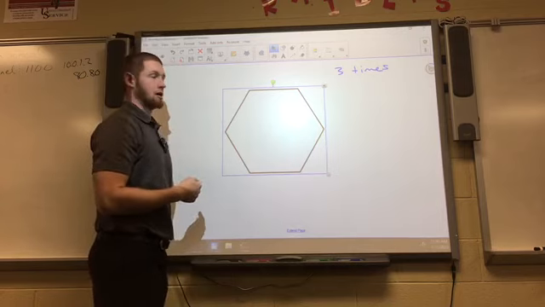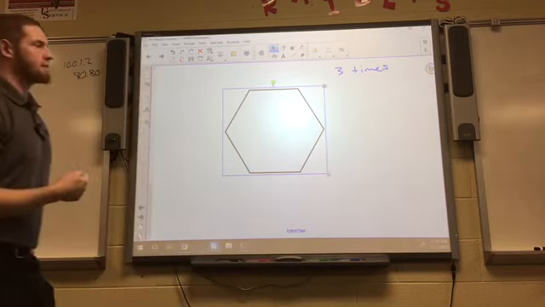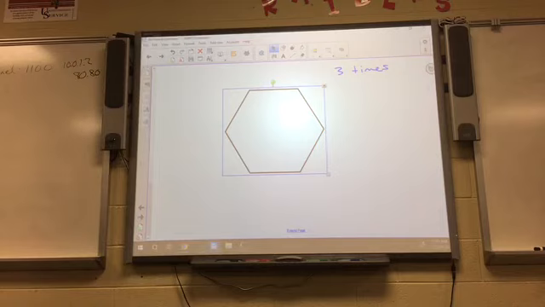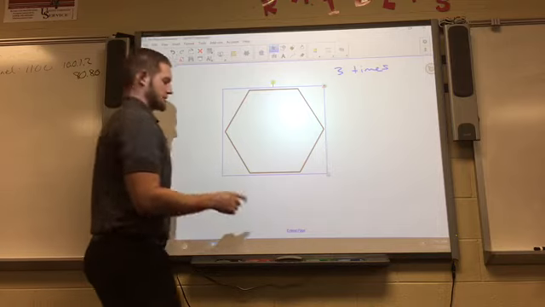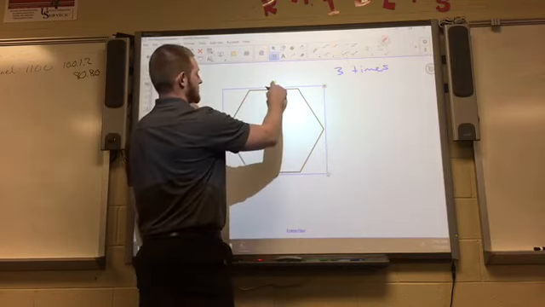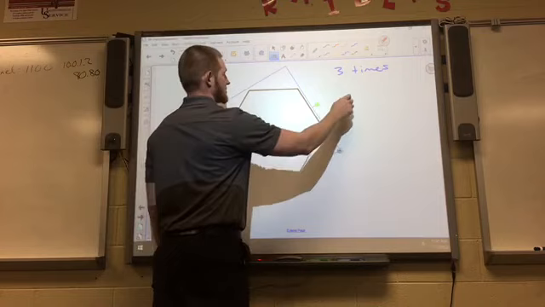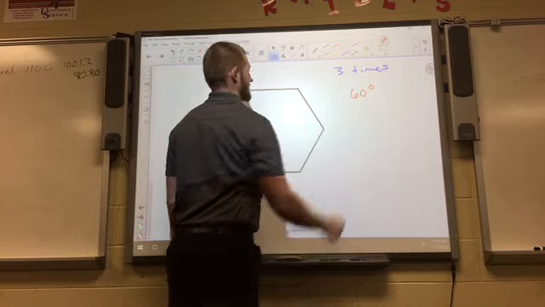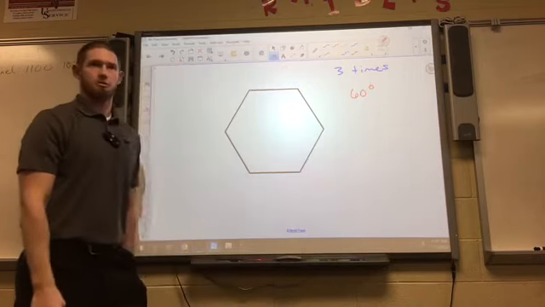So how do I figure out how many degrees one time is? 360 divided by 6, which gives me 60. So if I rotate it 60 degrees, that takes me to my first rotational symmetry.